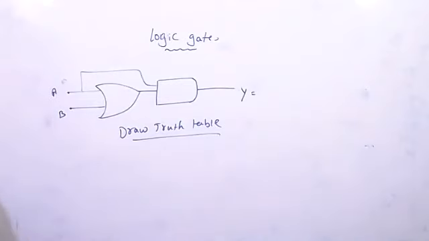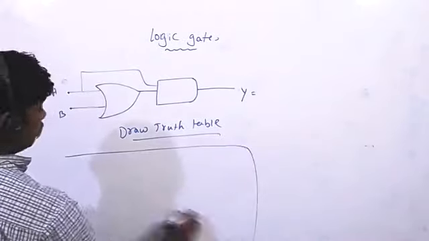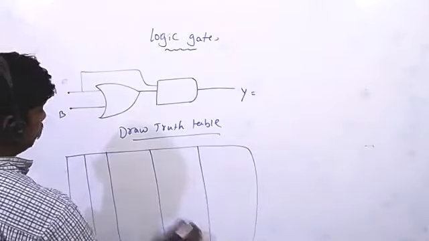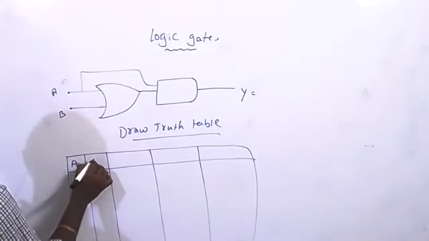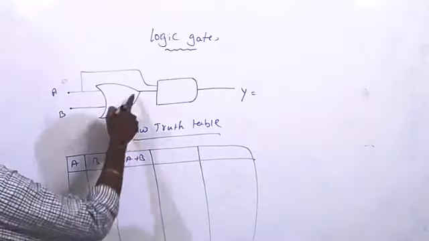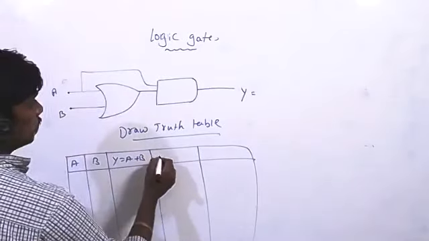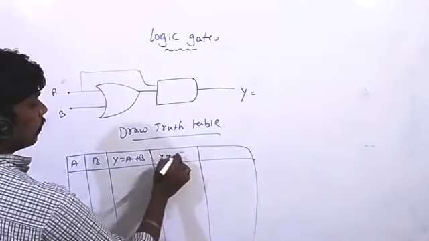Draw truth table for it. Input A, B. Output will be A and A plus B. That output, whatever we have given, will be A plus B, Y plus A. So we are giving Y plus A. So take it as Y dash.